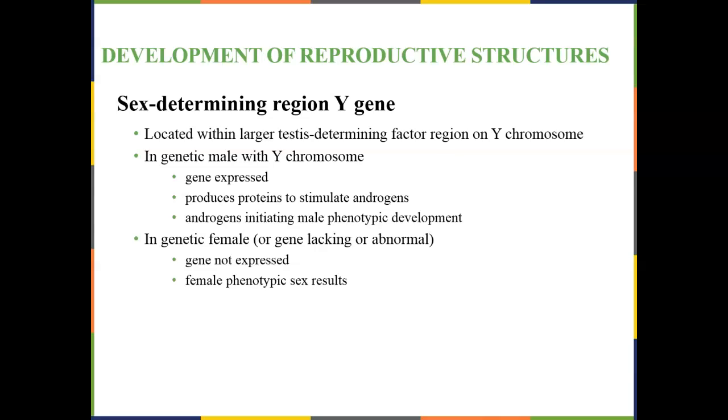If you have a Y chromosome, then at around week 7, that gene gets activated and it produces testosterone. Females do not have the Y chromosome, so females will never produce the testosterone at week 7, and so females have the female duct system form.